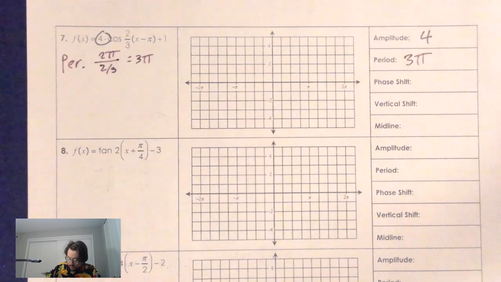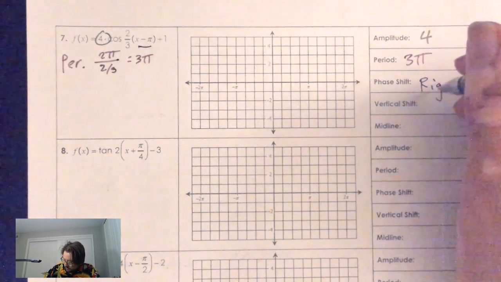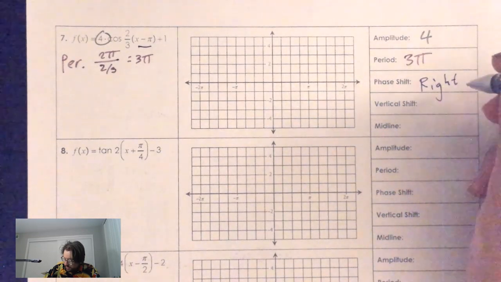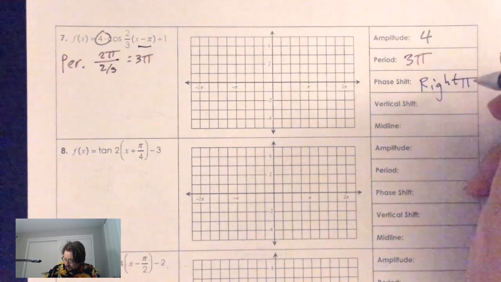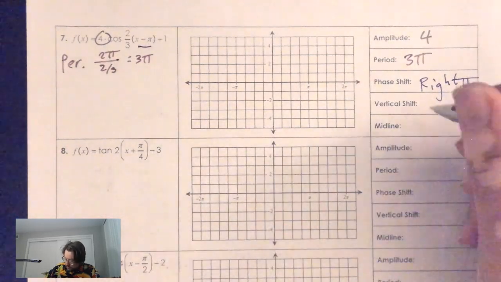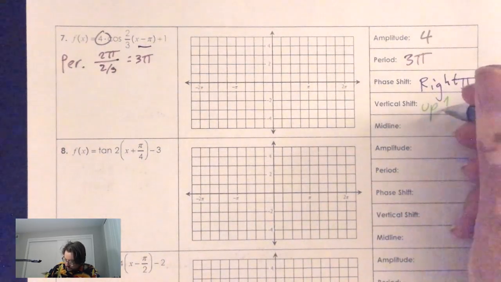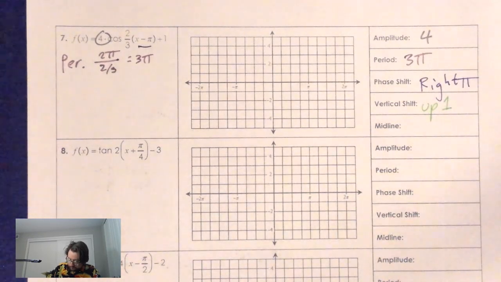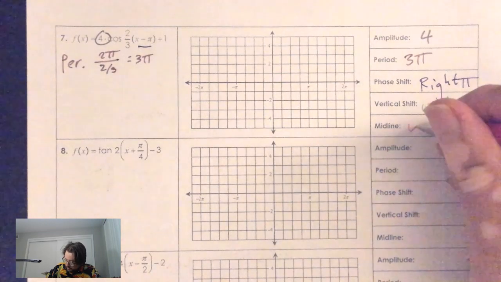The phase shift goes to the right by pi. The vertical shift goes up 1. And the midline is y equals 1.